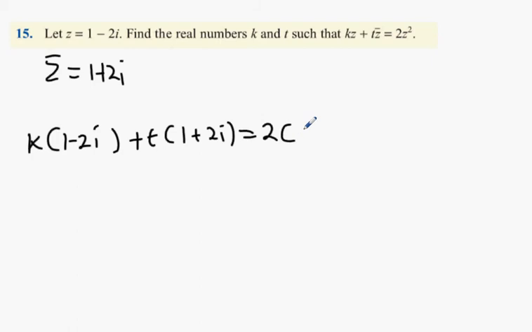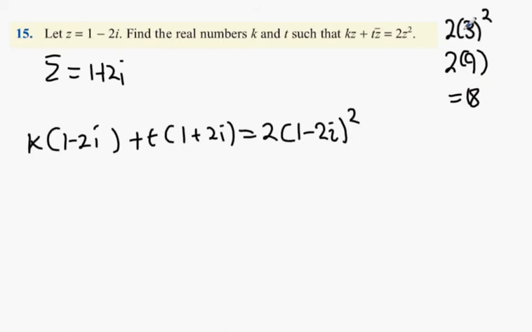Now, some people are asking me about 2 times z squared, like what exactly do you do. If you had a much easier question like 2 times 3 squared, you actually have to square the 3 first and then multiply the answer by the 2. So 2 times 9 equals 18. You can't multiply the 2 by 3 and square the answer.